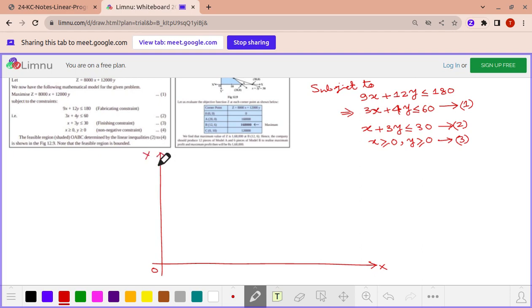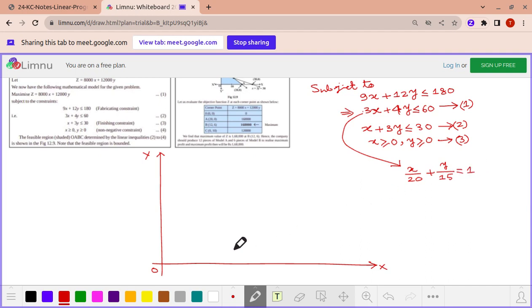The first straight line is 3x plus 4y less than or equal to 60. In the intercept form, that becomes x by 20 plus y by 15 equal to 1.